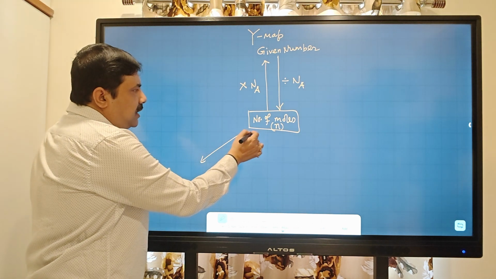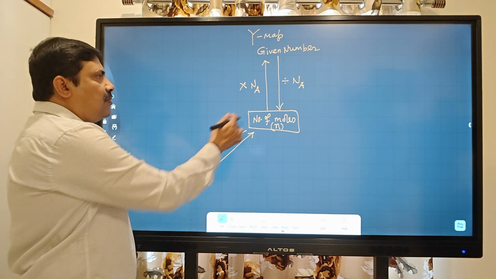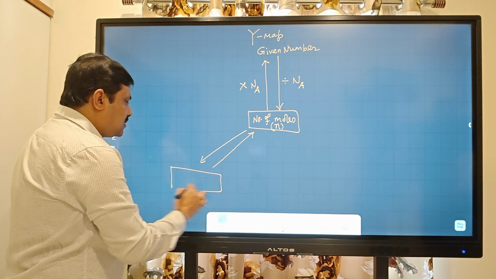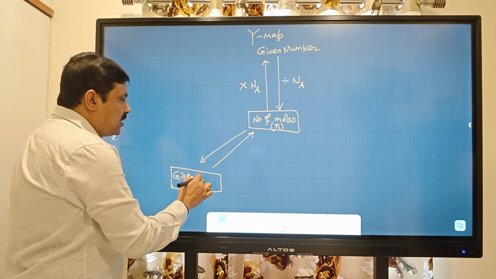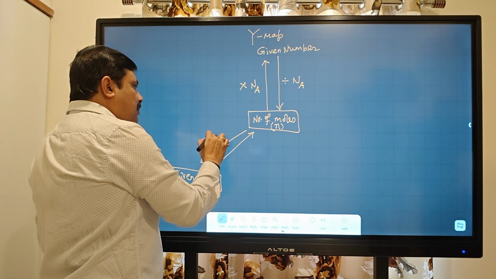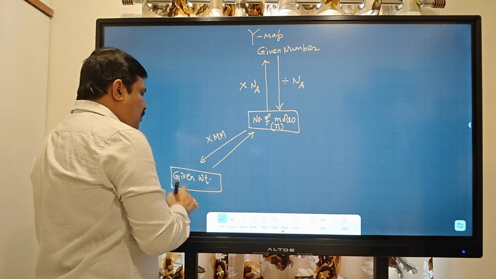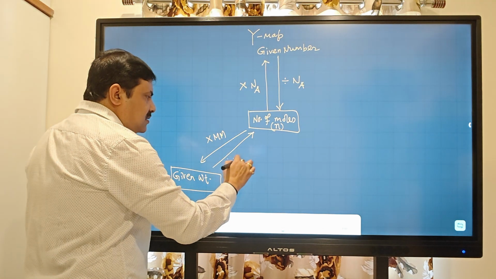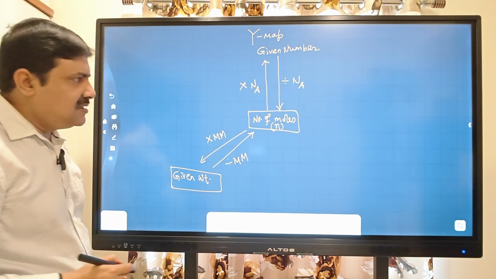Now here what we are going to discuss: number of moles is there, and I want to come to given mass or given weight, whatever you call it, same thing. So number of moles multiplied by molar mass will give you given weight. Given weight divided by molar mass, you will get what? Number of moles. That's what we discussed.